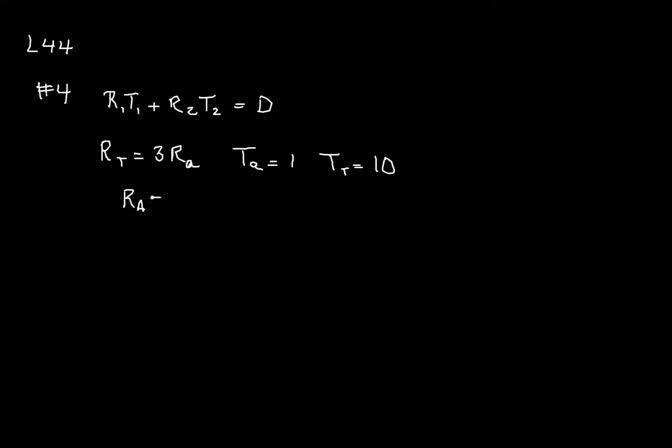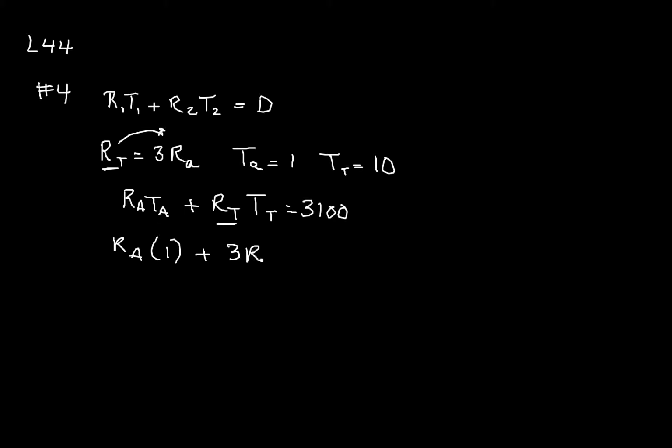Rate ambling, time ambling, plus rate tripled, time tripled, equals the distance of 3,100 miles. So rate ambling is rate ambling. Time ambling is 1. And then rate tripled is 3 times rate ambling, and that was times 10, so that equals 3,100.